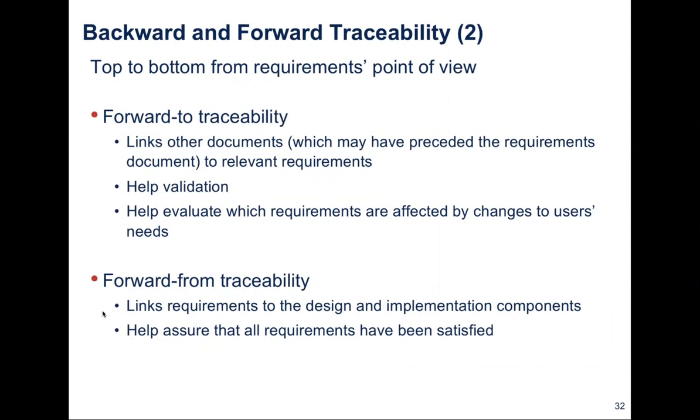When you link other requirements that may have preceded the requirement documentation, this is really good in validating the requirements and also evaluating the effectiveness of each requirement and what has caused changes to such requirements that will satisfy the user needs. Forward-from traceability links requirements to the design and implementation components, which helps assure that all requirements have been satisfied.